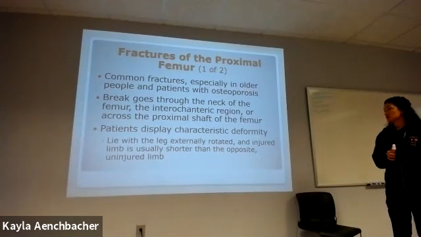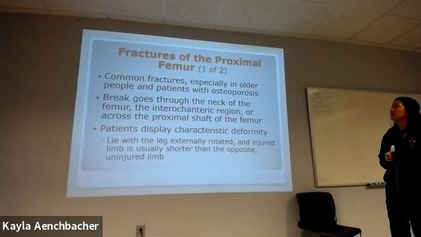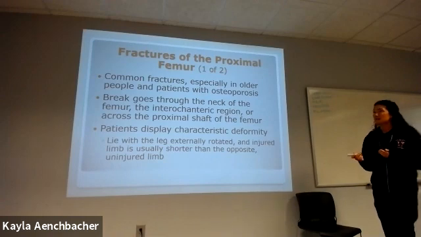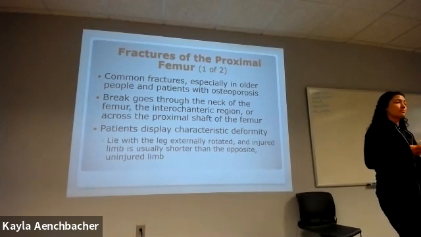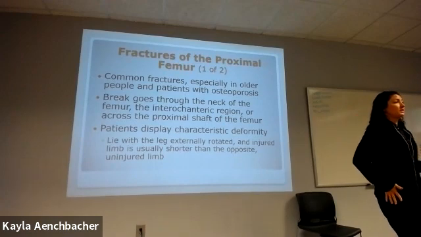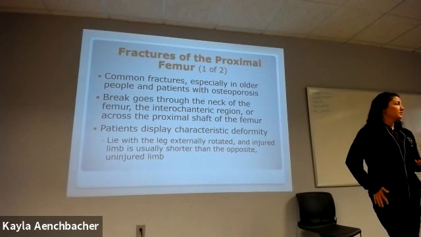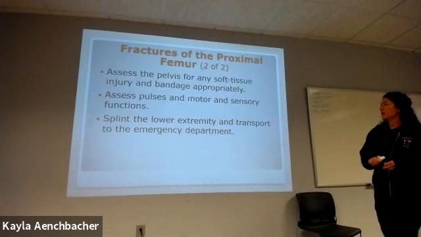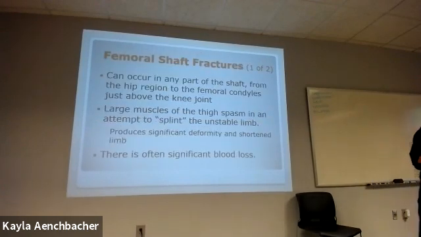So we can see the shortening and the rotation of that. Sometimes, guys, it's very common to confuse a broken pelvis or a fractured pelvis with the proximal femur fracture. Okay, but we'll talk about that in a second.